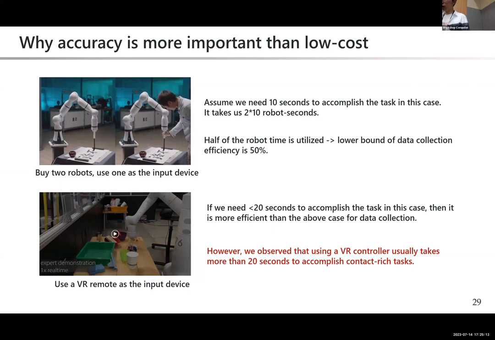If we use a VR remote as the input device, and we can finish the task in less than 20 seconds, then it is more efficient than the above case. However, we observe that when using a VR controller as input, it usually takes more than 20 seconds to accomplish contact-rich tasks. So it is not a good choice to use a VR remote.